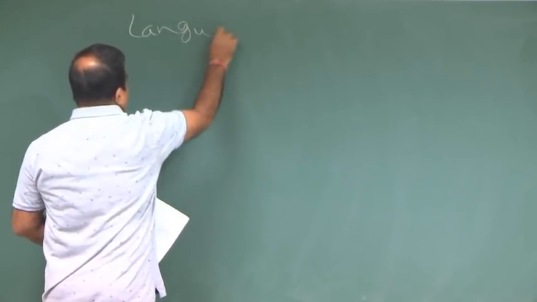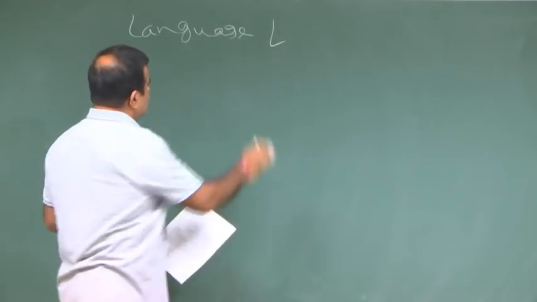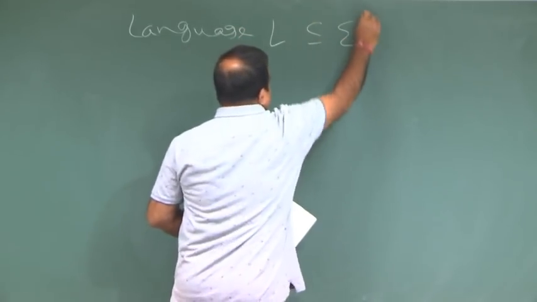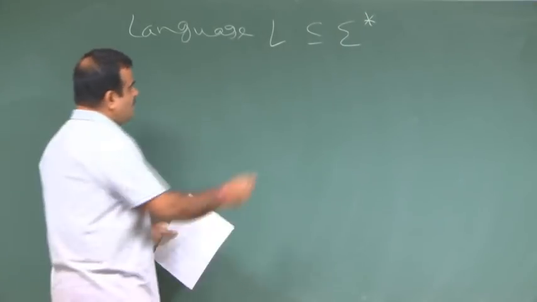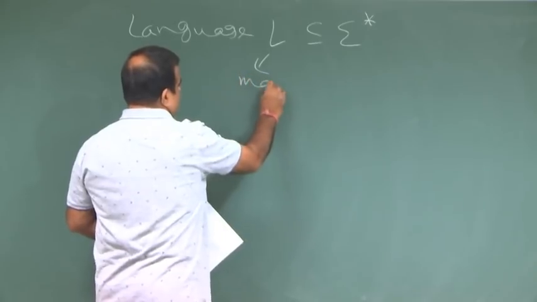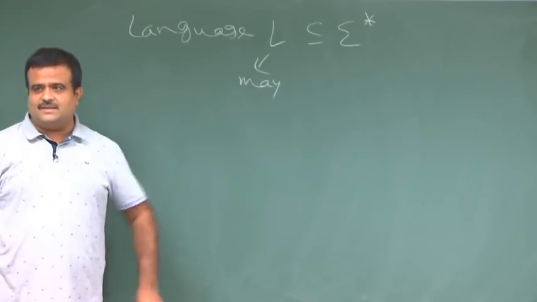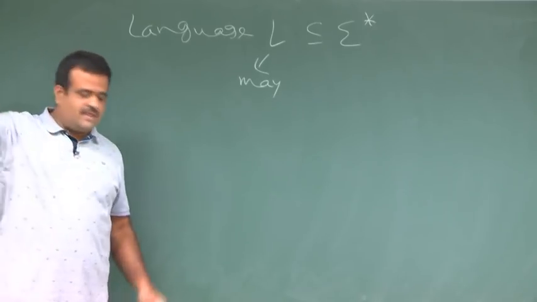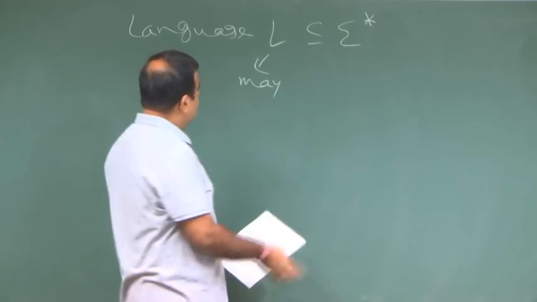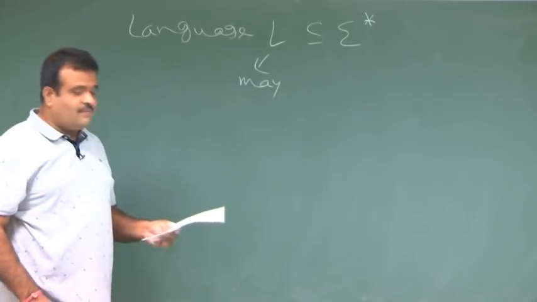As we said, a language, which is denoted by L, is a subset of sigma star. Because sigma star is a collection of all possible strings of any length starting from 0 length to infinite length, this may contain an infinite number of strings.